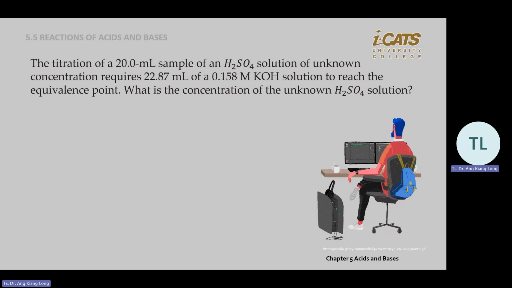So maybe you add in 2K here. So here will be 2. Then SO4 will be 1, so here will be 2 also. Then here will be 2H2SO4, 4 plus 6.